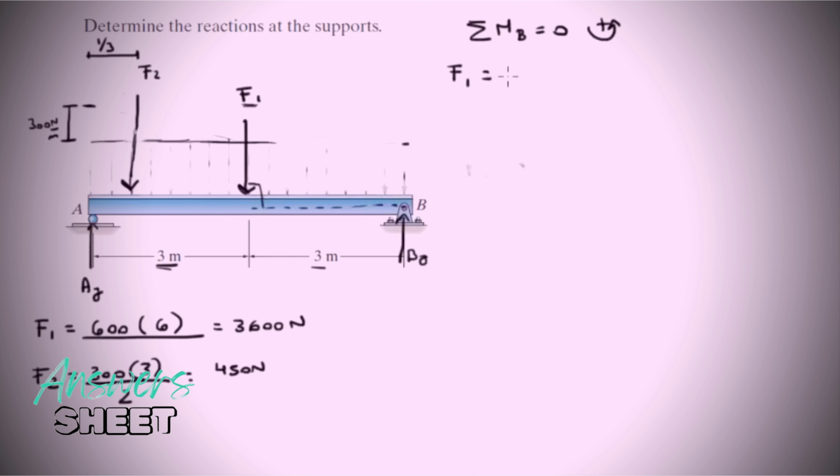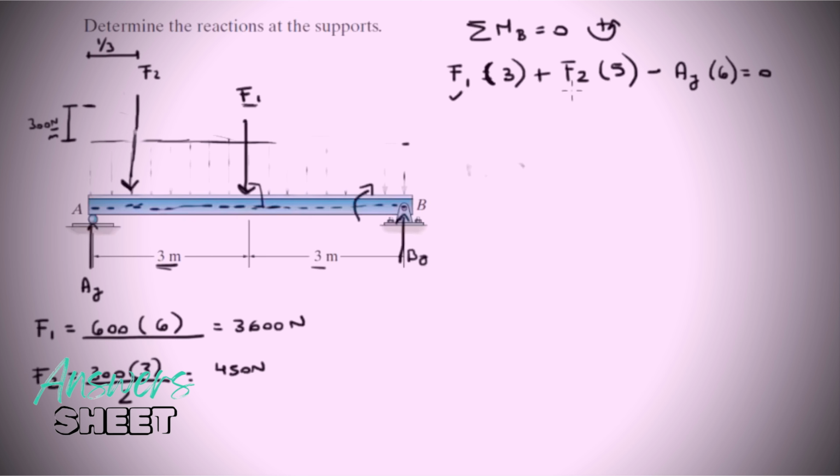So this is F1 times 3, plus the moment created by F2, which is a distance of 5, of course. So it's F2 times 5, minus, because AY is turning this whole thing clockwise, AY times the whole distance, which is 6, and that is equal to 0.